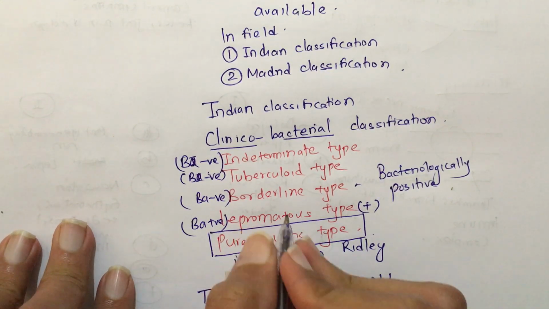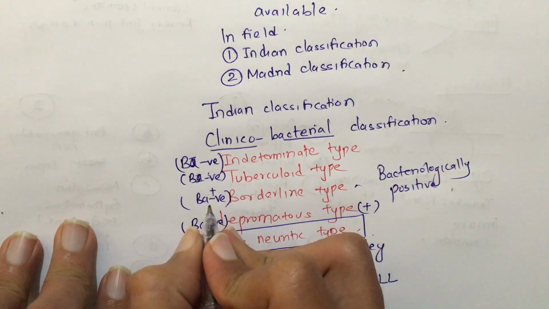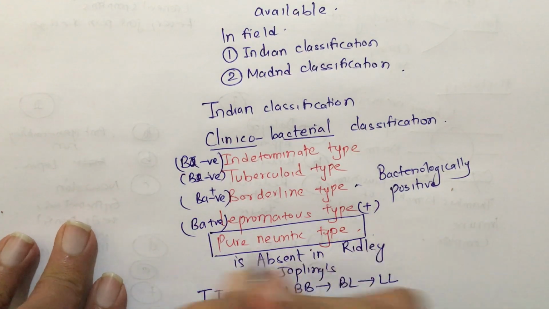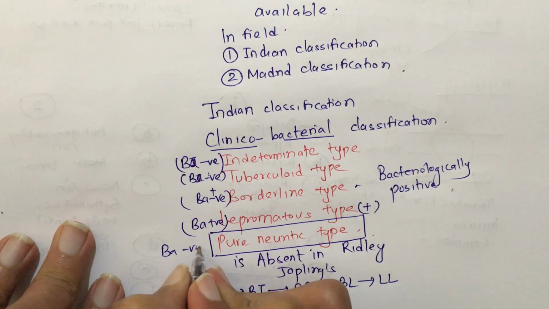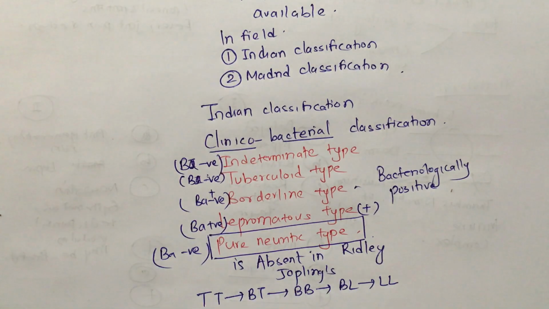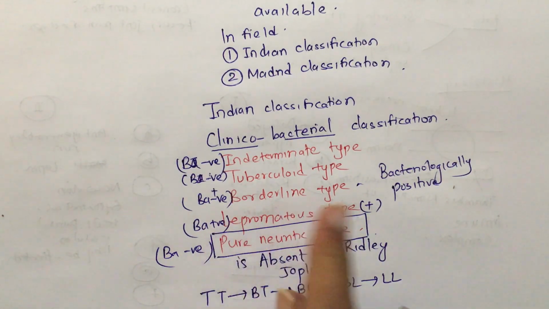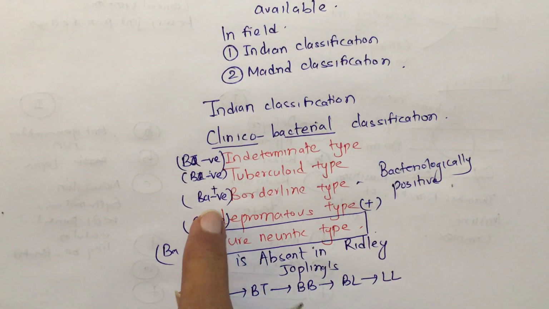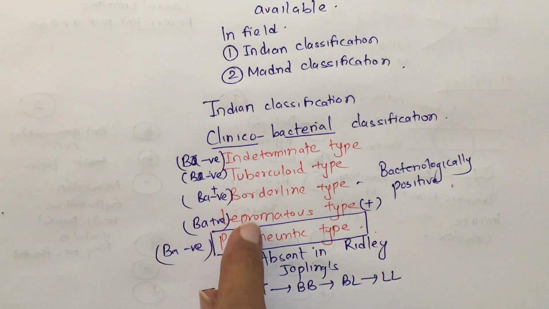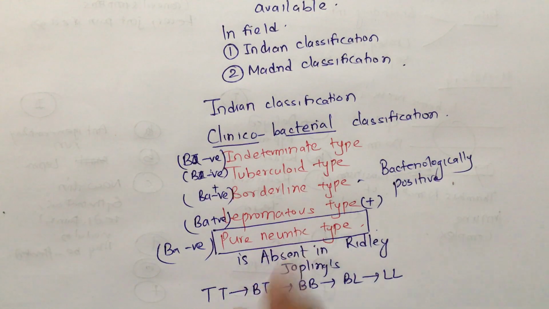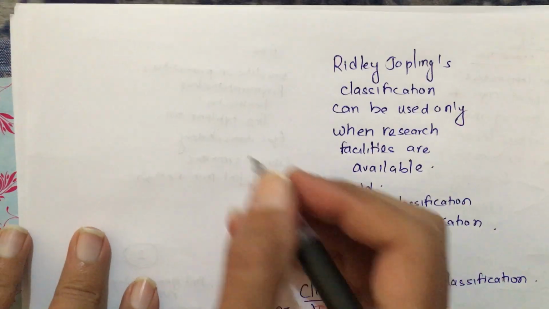A borderline can be bacteriologically positive or negative. The pure neuritic type is also bacteriologically negative. So the only type which is bacteriologically positive is the lepromatous type, but in the borderline type there can also be bacteriologically positive cases. So let us discuss all the types one by one.